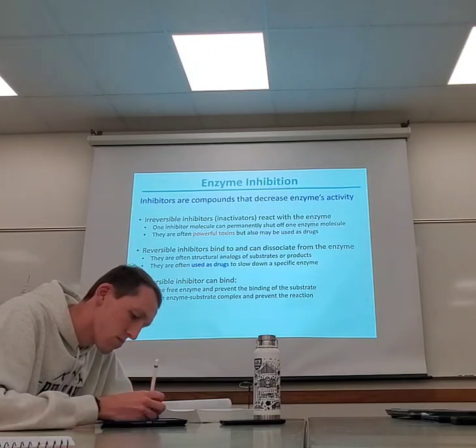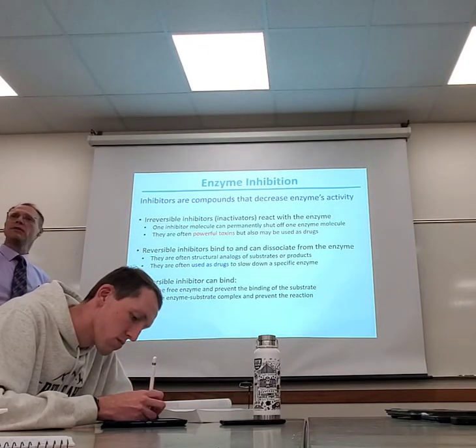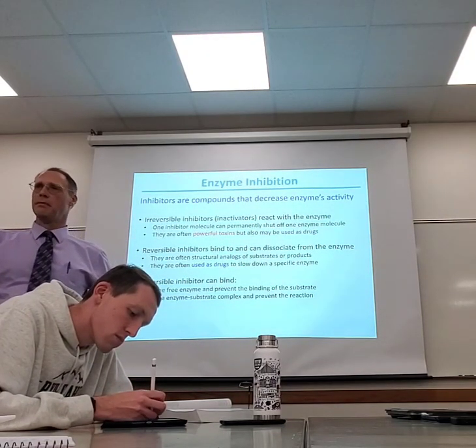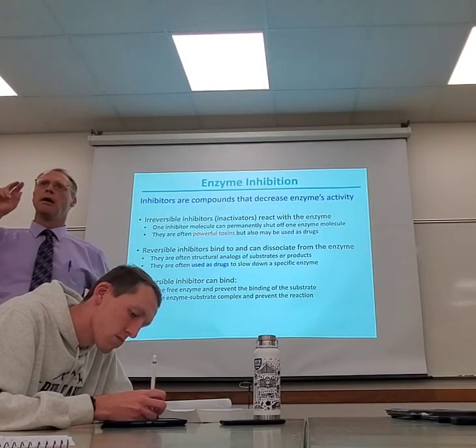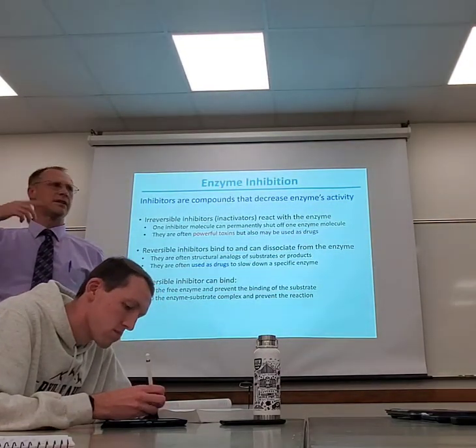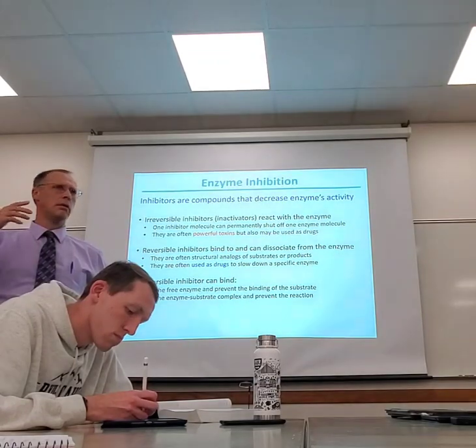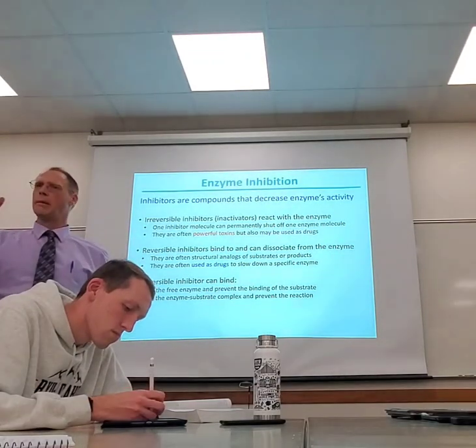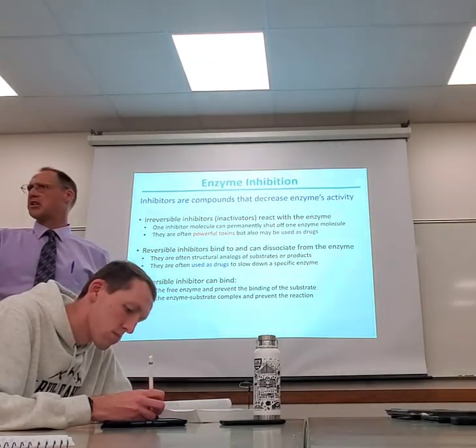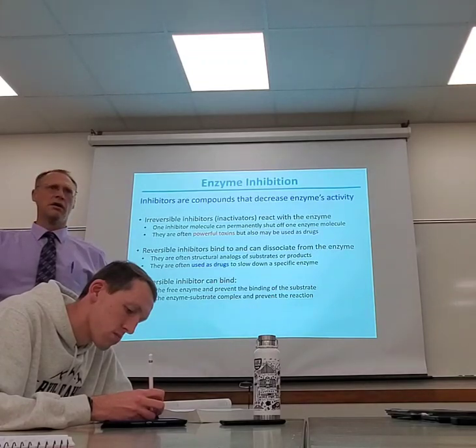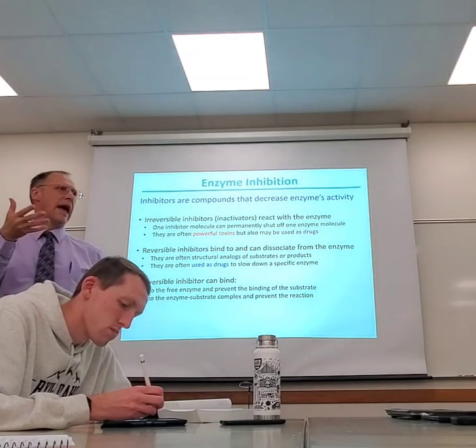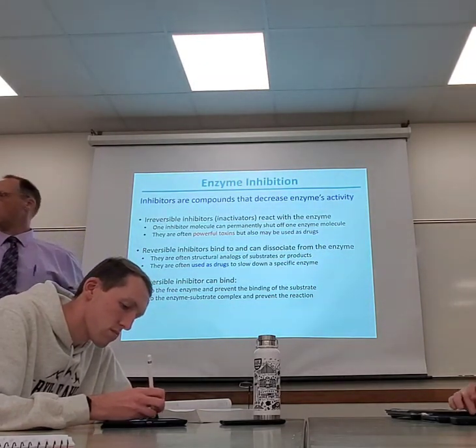There's now the other side of it. That was just a bisubstrate system. Now we're going to look at an inhibitor and just a single substrate. What's an inhibitor? A toxin, a drug, something that slows the reaction down, okay?